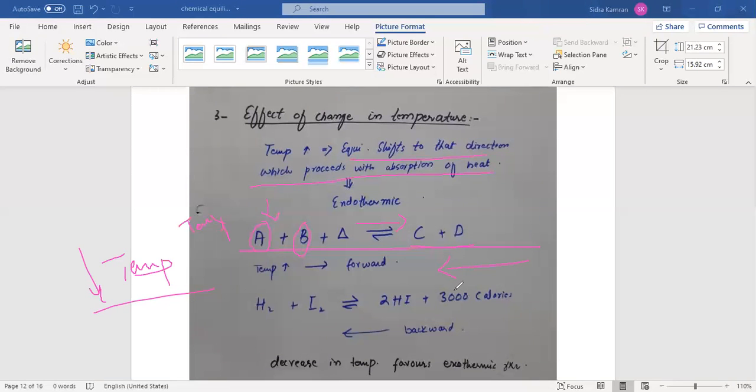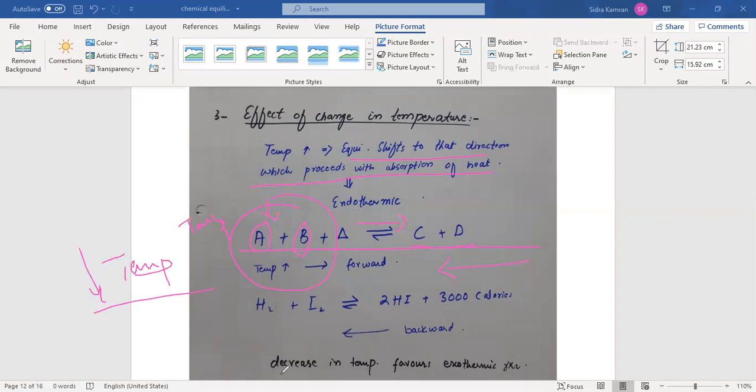Clear? So in endothermic reactions, if you are increasing the temperature, it will move towards the forward side, because the reactants need energy, need temperature to move forward. If the reaction is exothermic, then by the increase of the temperature, it will not move forward, because that type of reaction wants to release the energy.